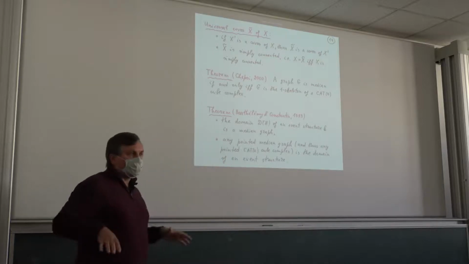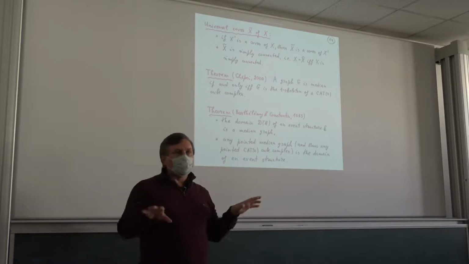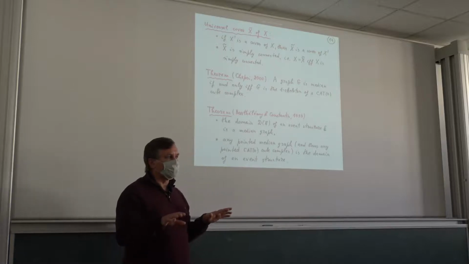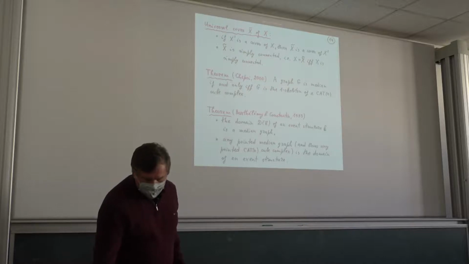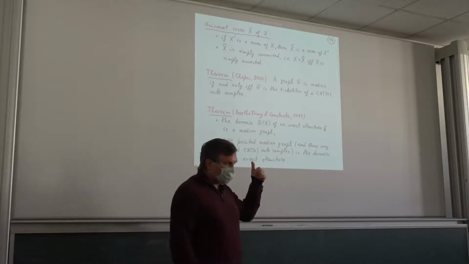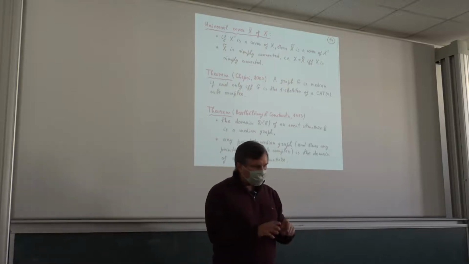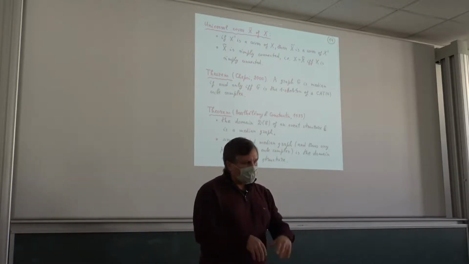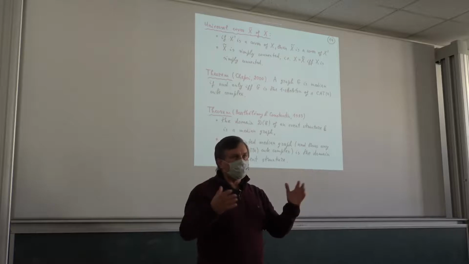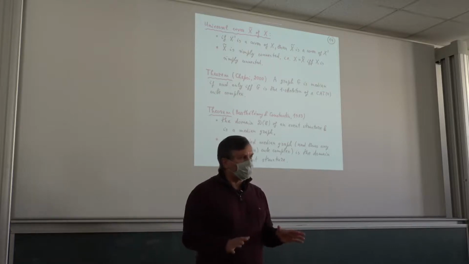So by taking the universal cover, you kill holes in the object. Yeah? And then, in fact, the important thing of Gromov is that if you have a cube complex which is locally non-positively curved, and you take its universal cover, this is a globally CAT(0) complex.